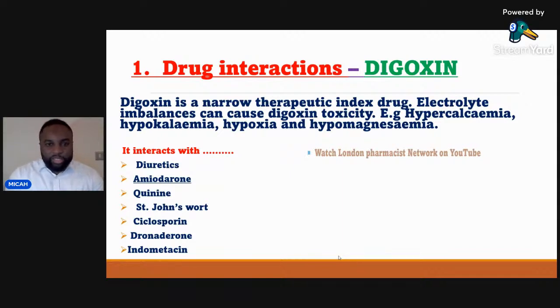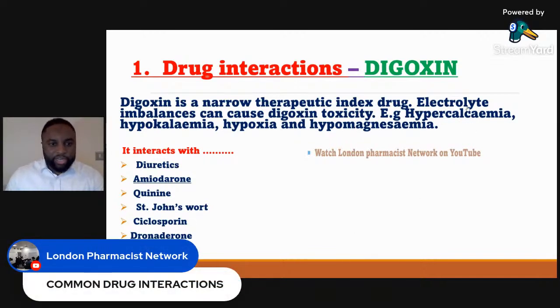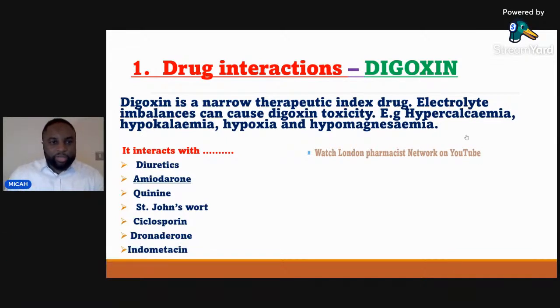As far as the drug interactions are concerned, we have a number of drugs that can interact with digoxin. The first one is amiodarone. Amiodarone can interact with digoxin. It's a very common drug interaction you need to know. And what happens with amiodarone is we can actually make adjustments to the dose of digoxin.